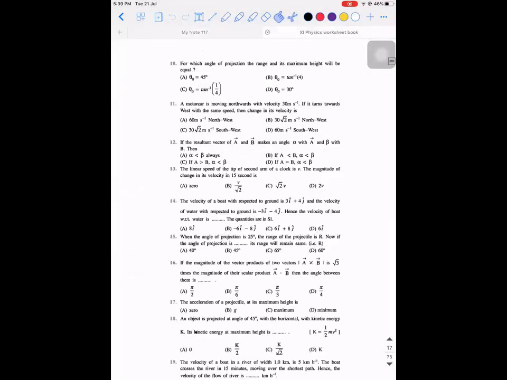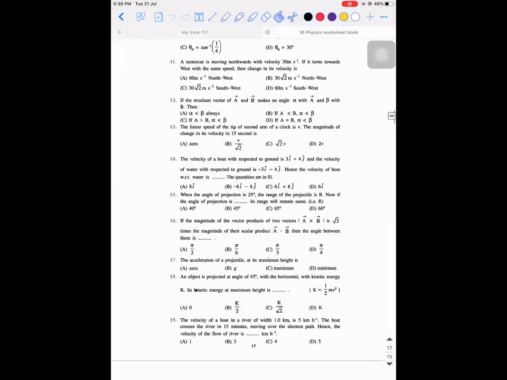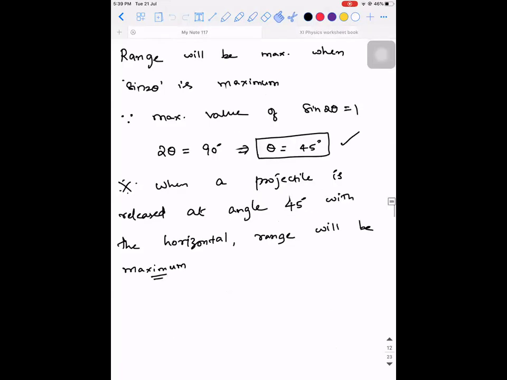That's right. So when R is equal to H, what will you get?